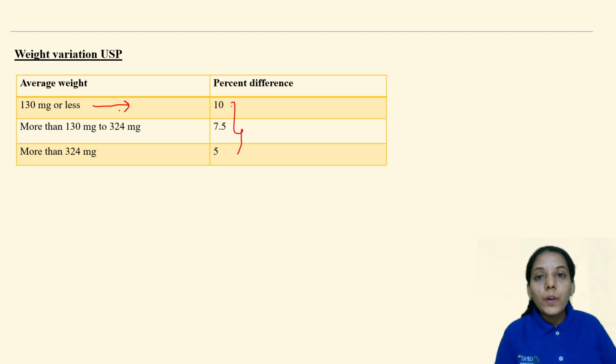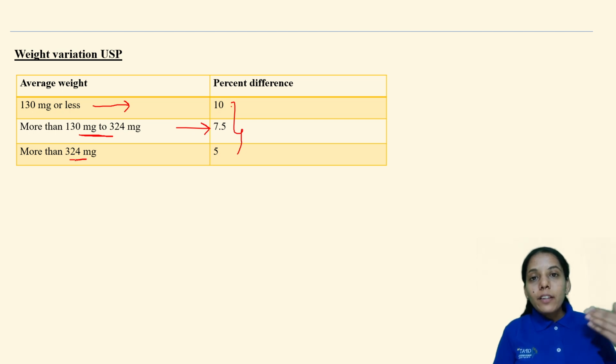If your tablet weight is 130 to 324 mg, then the percent difference should be less than 7.5%. If your tablet weight is more than 324 mg, then the difference between the individual and the average weight should not be more than 5%.